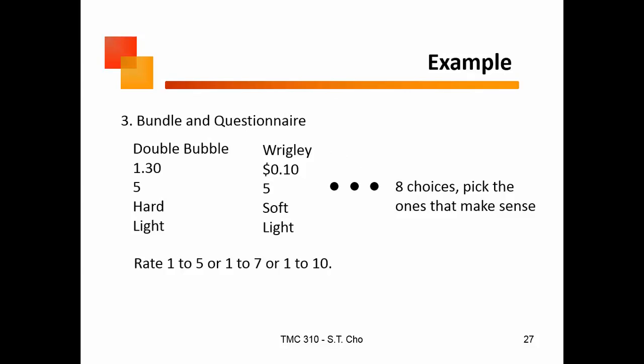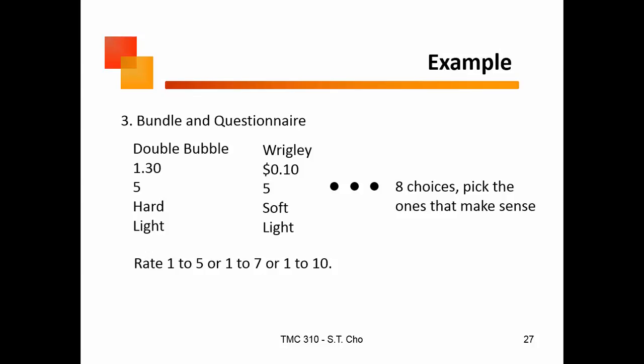So what I do is I bundle them. That's the third step. So I have like double bubble at a certain price, at a certain hardness, etc. And I come up with 8 choices, and those 8 choices are the ones that make the most sense.